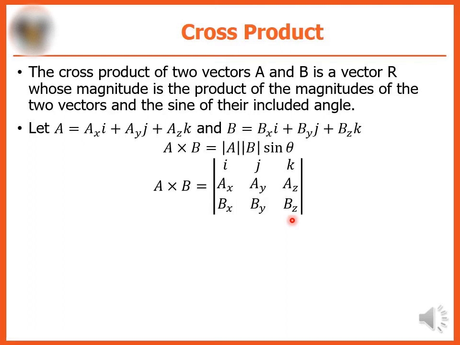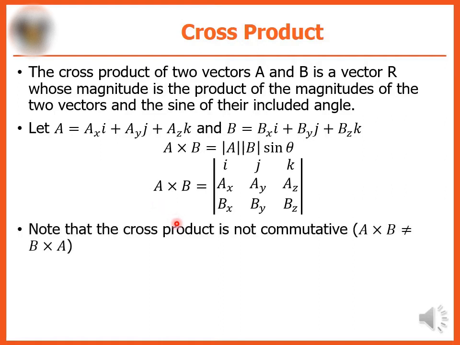We're going to solve for the determinant of this matrix to determine the cross product. Take note that the cross product is not commutative. That means the cross product of A and B is not equal to the cross product of B and A. Hence, it is not commutative.